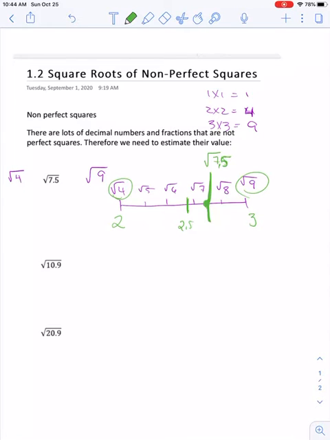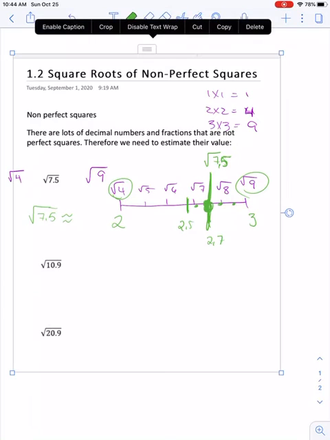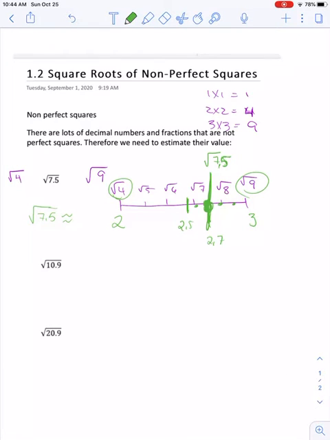And now if I'm estimating, 2.6 would be here, 2.7, 2.8, 2.9. So when we're estimating, we're not going to put an equal sign because we're estimating. So we're going to put the estimation symbol, and I'm estimating that the square root of 7.5 is approximately 2.7.